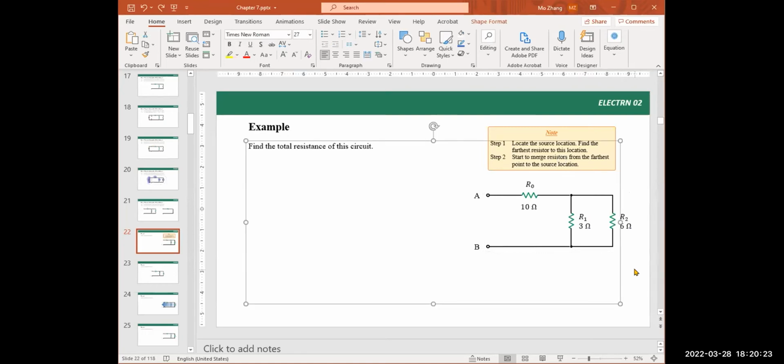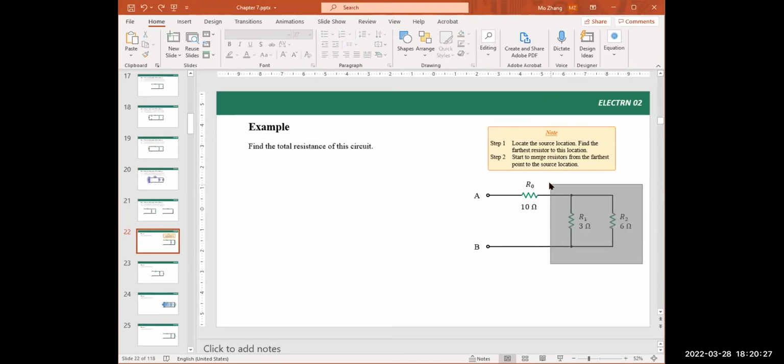Then we connect this to a series circuit. The goal of this problem is to find the total resistance, and once we find it, we can find more. So now let's find the total resistance of the circuit.